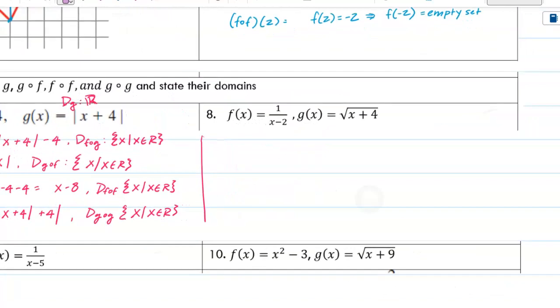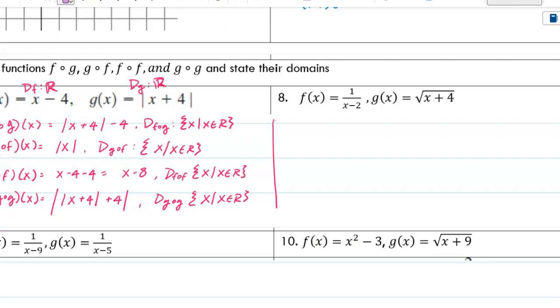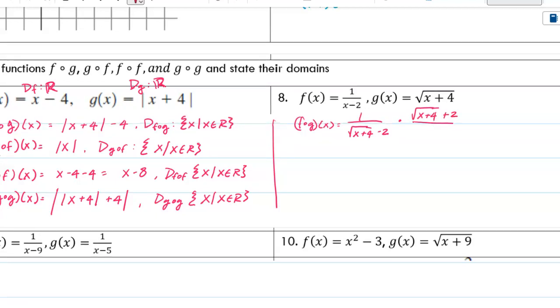Here we go with this one. Number 8. We do f of g. Open up f. And where x was, I'm going to put that. But then we can't have a radical in the denominator. So I'm going to take a conjugate, multiply by its conjugate.